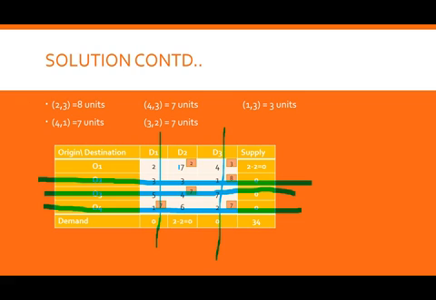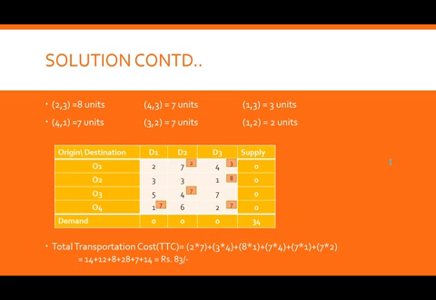Your supply will be equal to the demand. Your supply is 2. What is the demand? 2. So you can satisfy 2. So this row also goes and this column also goes. So now your problem is solved. Now you made an allocation at 1, comma 2 with 2.